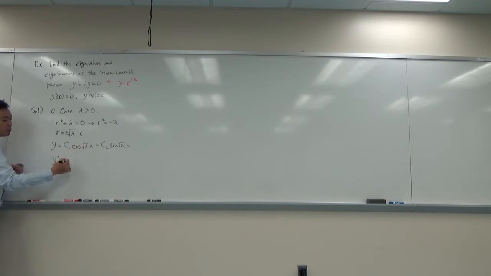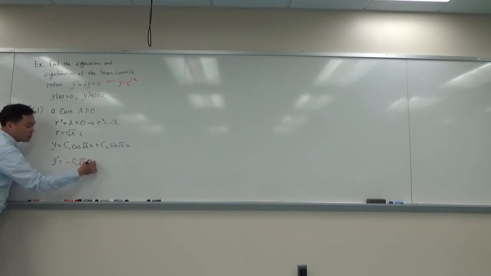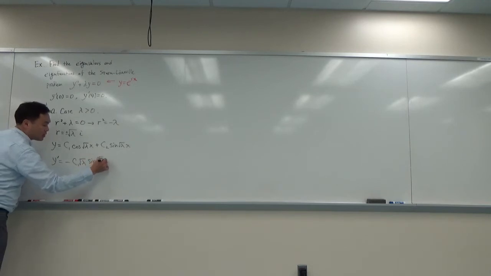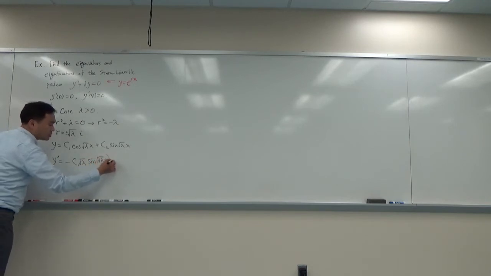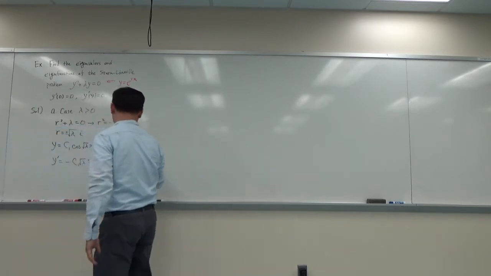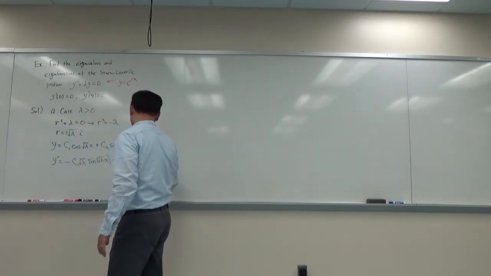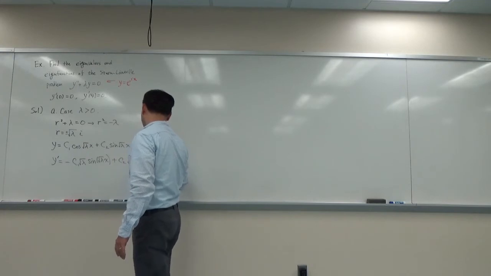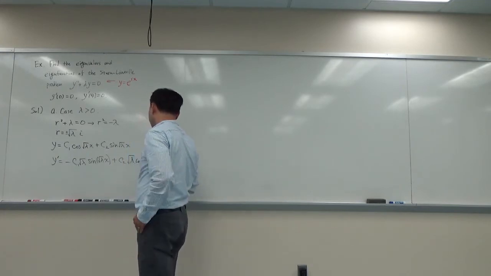Differentiating cosine gives you negative sine, and because of the chain rule, the derivative of the inside function should be put outside, and the derivative is square root of lambda, so you're going to get negative c1 square root of lambda sine of square root of lambda x, plus c2 square root of lambda times cosine of square root of lambda times x.